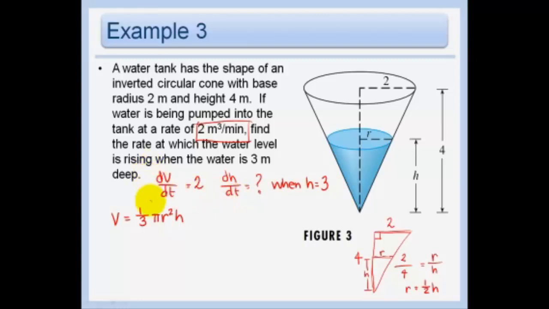I told you that if you could set this up, then you are good to go. I'm only looking for dH dt, so I really only want h to be my variable here. If I can get my r in terms of h, I can easily then change this to have one variable.